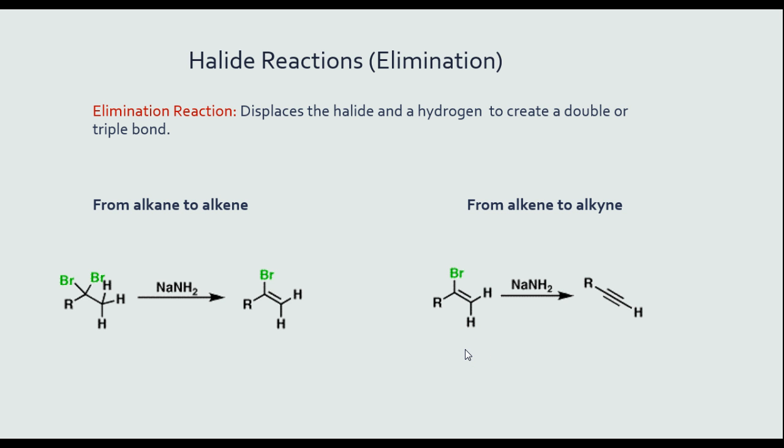On the other side, we have an alkene to an alkyne. Same thing's going to happen. Bromo is going to pop off, the bond's going to fold in to make a triple bond, and the other hydrogen is going to pop off. Otherwise, this carbon would have too many bonds to it. So that will give us our triple bond, alkene to alkyne.